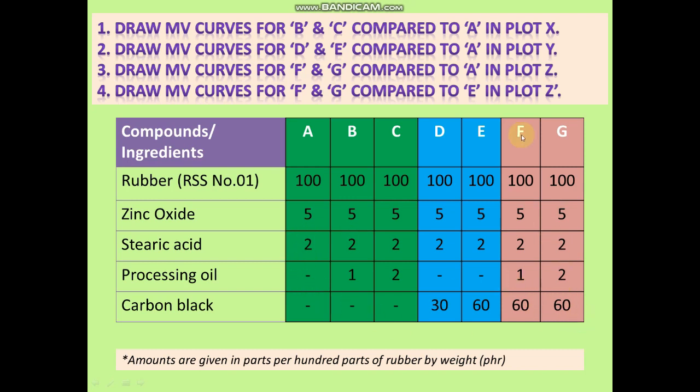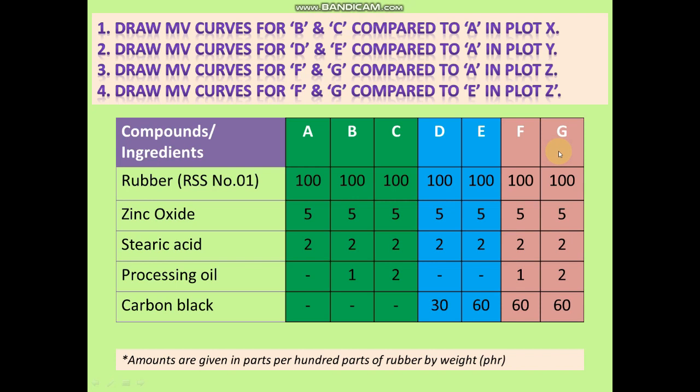But what is the difference between F and G? The F contains 1 pHr of processing oil and G contains 2 pHr of processing oil. We know once we incorporate oil materials, that reduces the viscosity value. So which compound from F and G will reduce the viscosity value in higher amount?